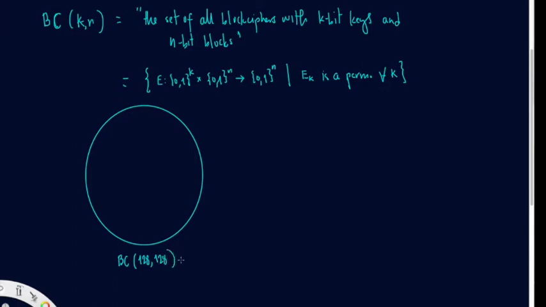How big is this set? In fact, would you pause this video for a second and see if you can answer the question: what is the cardinality? How big is this set? Pause this video and see if you can think about that.